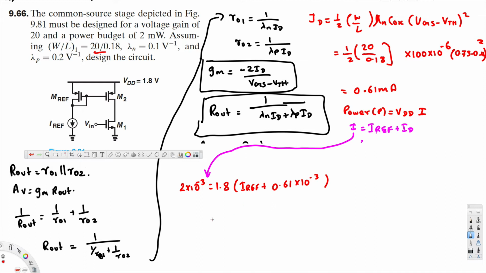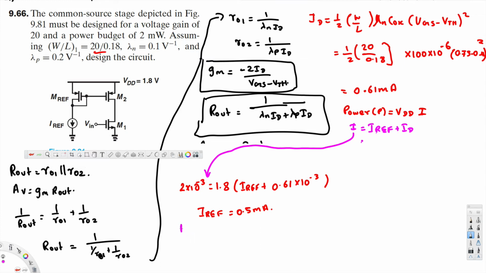From this, if we solve for I ref, that gives us 0.5 milliampere. Now we have solved for I ref. Finally, we are going to derive a value for ID2 over I ref. That's what we have to show to design the circuit.